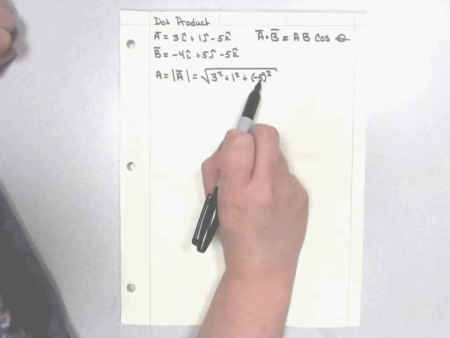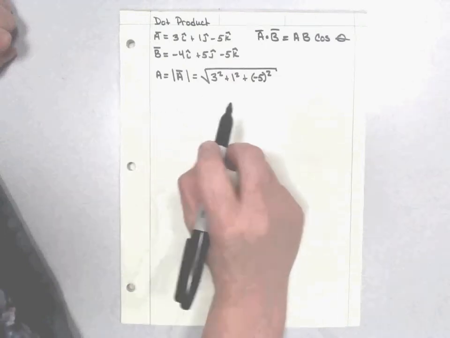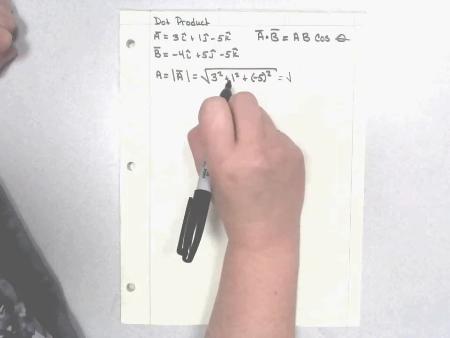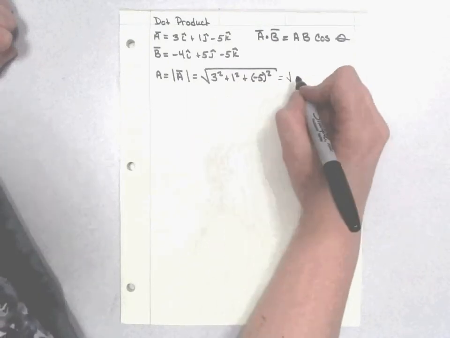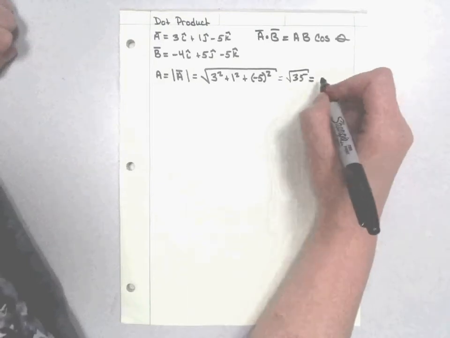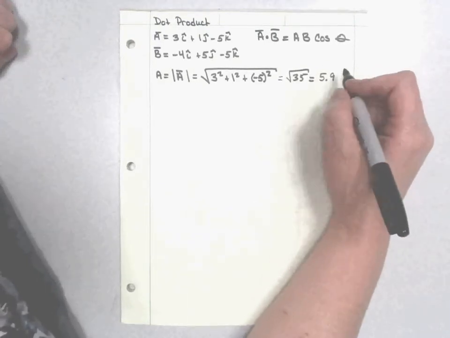It will be positive 25. So the magnitude here, we could simplify this 9, 1, 25, and we'd end up with the square root of 35. Or we can simplify it further and say 5.91608.